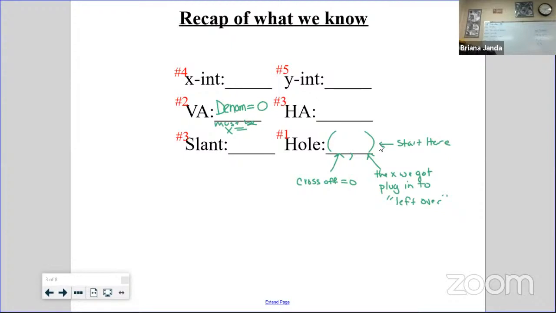Then we move to horizontal and slant. We did not see this yesterday, okay, so that's not a recap for us. Horizontal can come in one of 2 ways. A little over big would be a y equals 0 horizontal asymptote, y equals 0. Or a same over same.